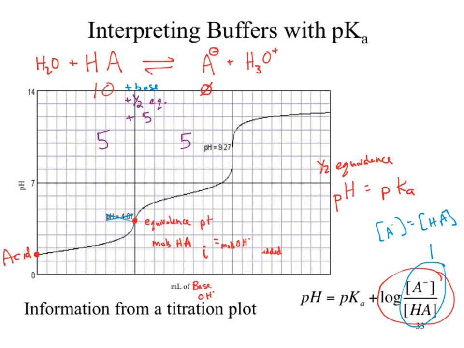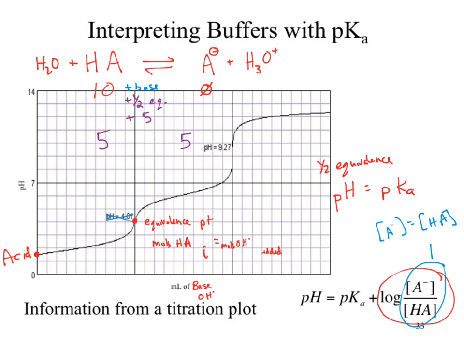Did I just say the same thing? Yeah. But remember, when we talk about these things, we don't talk about them strictly as bases and acid. At the equivalence point, the initial concentration of my acid is equal to the amount of strong base that I've added. At the half equivalence point, the concentration of my conjugate base equals the concentration of my acid.